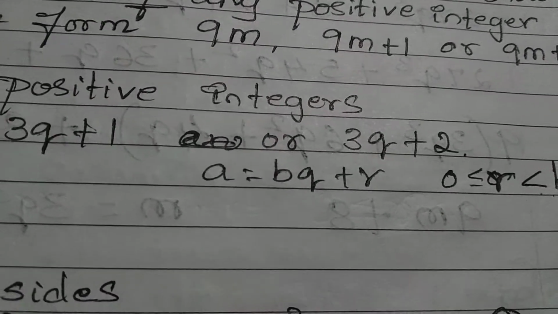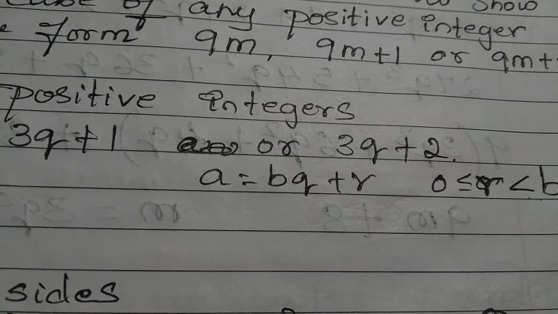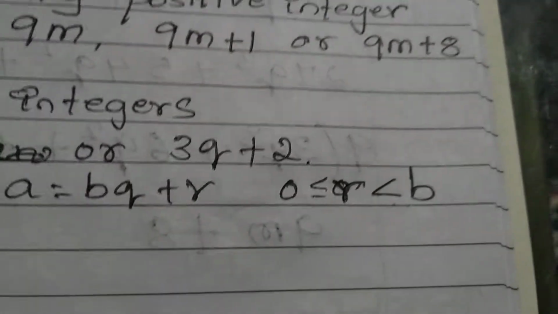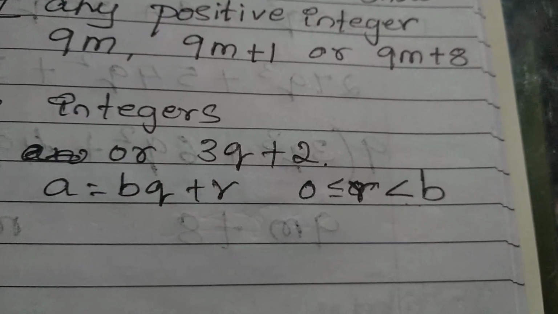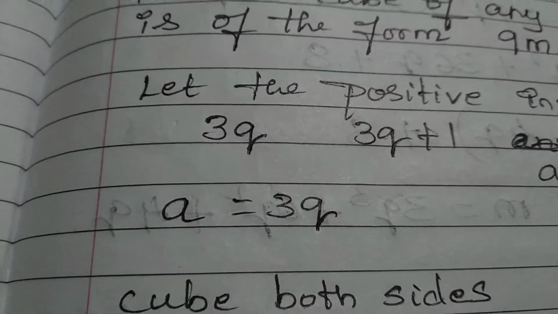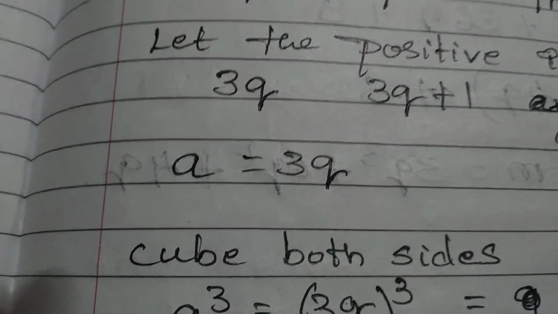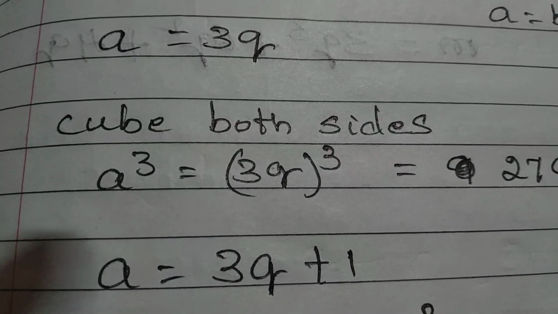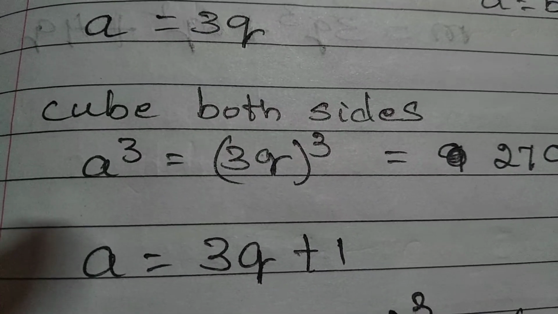Now, what does the Euclid division lemma say? a is equal to bq plus r, where r is greater than or equal to 0 and less than b. First we'll take r equal to 0. When you put 0 in this, a is equal to 3q. On cubing both sides, a cube is equal to 3q whole cube.